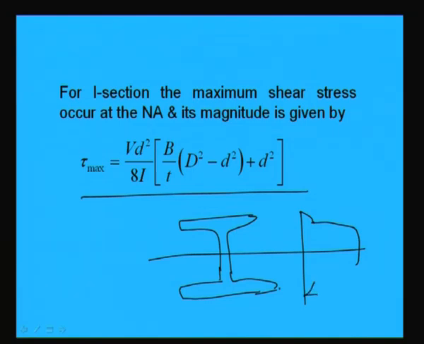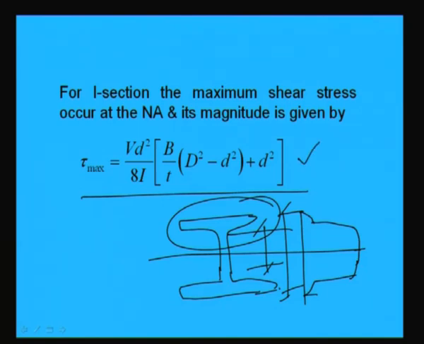So, maximum tau max will be here. In a similar way we have to find it out, where D is the total depth and small d is this depth, and we know the other terms B, T, etc. So, in this way we can find out tau max.